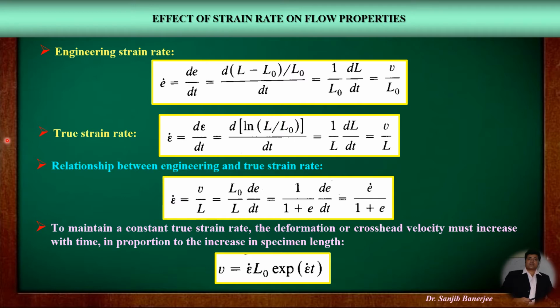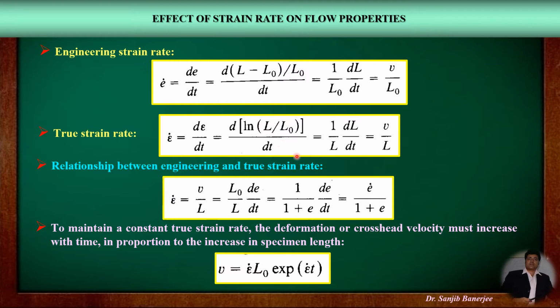Next is the true strain rate. Now, true strain rate is denoted by epsilon dot, which is equal to d epsilon by dt, that is the change in true strain with respect to time. Now, the true strain is equal to log of L by L naught, as we have learned in the earlier section.